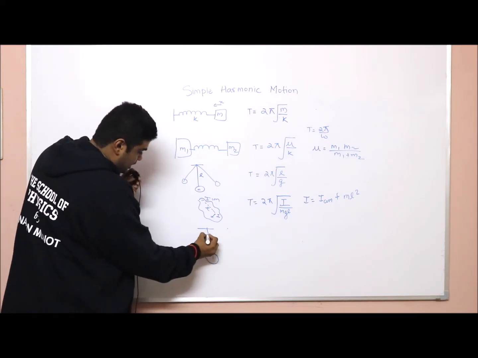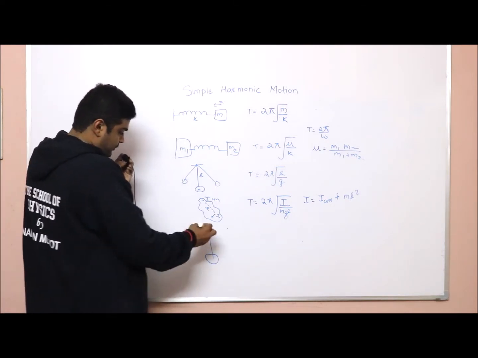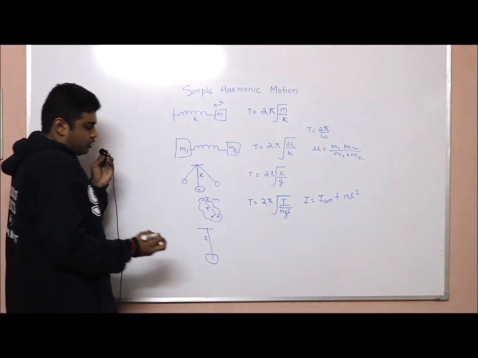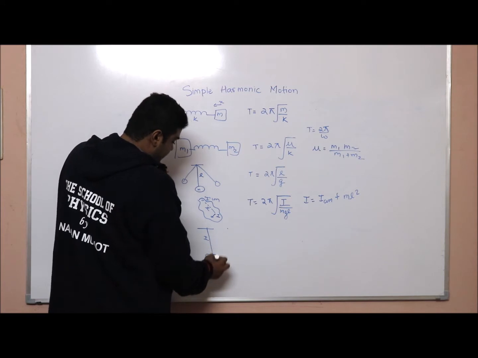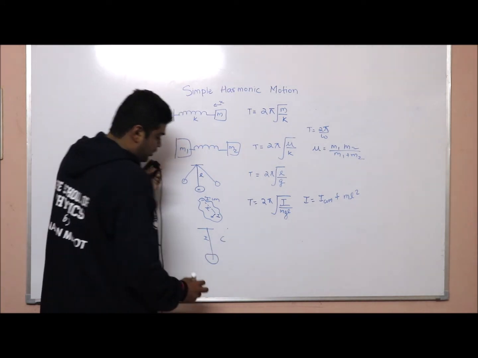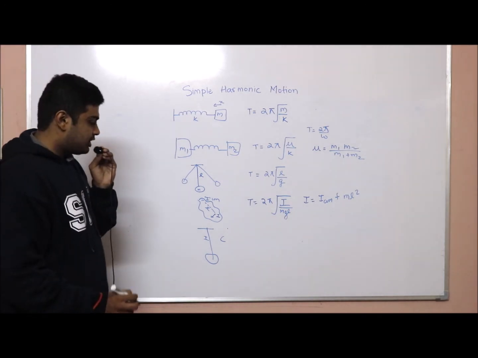Suppose this is a disc and the moment of inertia around the center of this disc is I. They'll give a constant called C, which is the torsional constant.